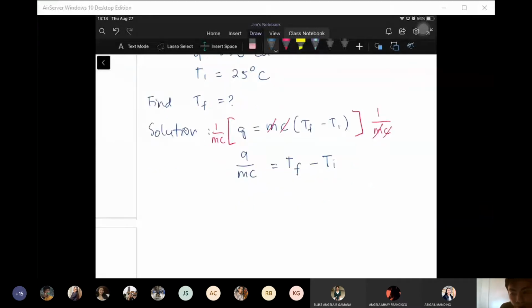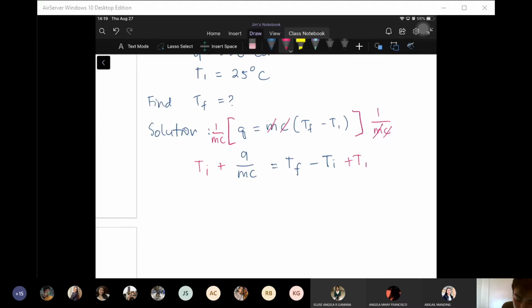Then, ano na lang yung kailangan pa natin gawin? Kailangan itong initial temperature mapunta sa kabila. Paano? We add the initial temperature on both sides of the equation.